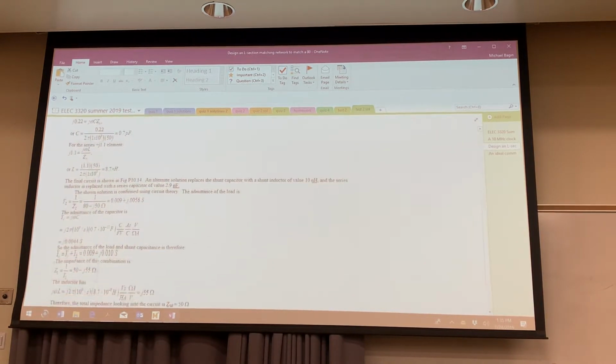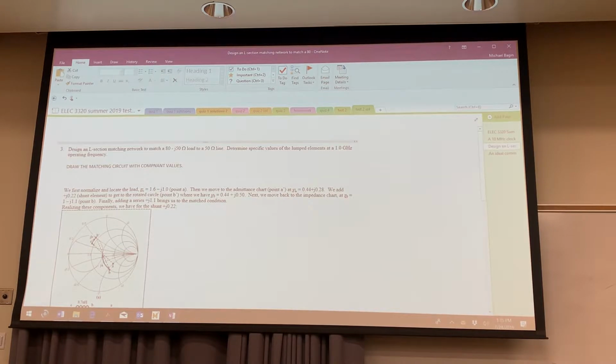All right. So for this one, they have 80 plus j50 here, and then it's in a 50 ohm line, so that means Z load normalized would be 80 minus j50 over 50.